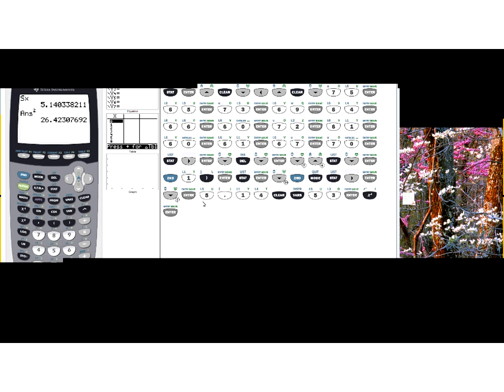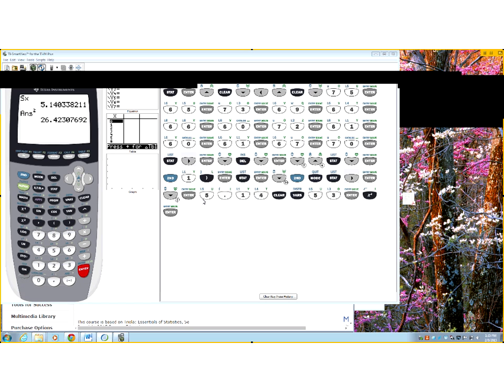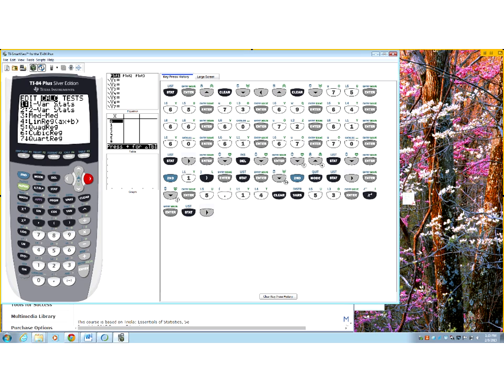I lost all that information, so I'm going to have to do the 1-var stats again. You're going to press Stat, and then right arrow to Calc. There it is, the 1-Var Stats. And L1 is where my list 1 is.